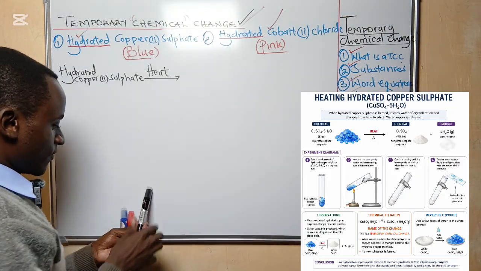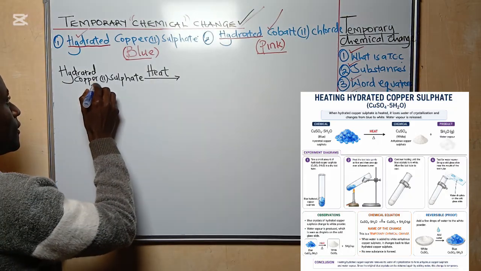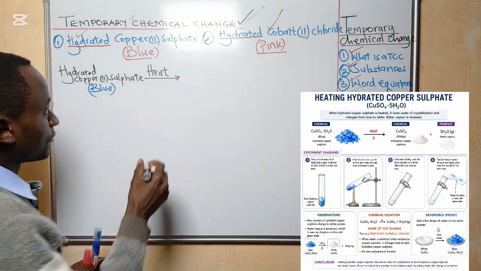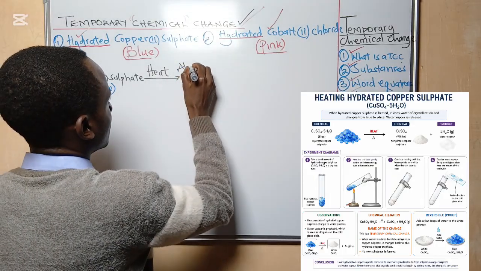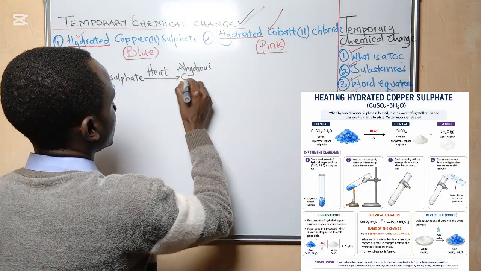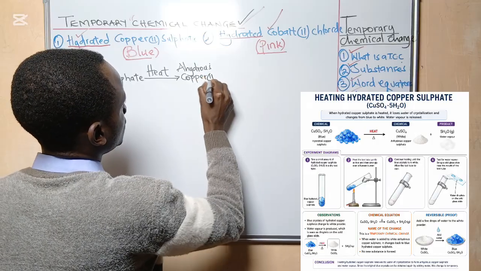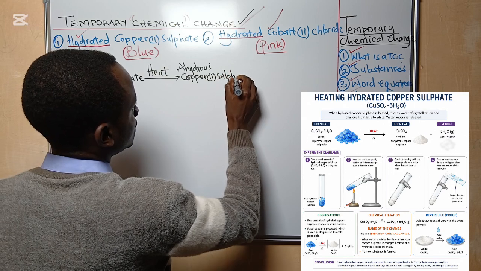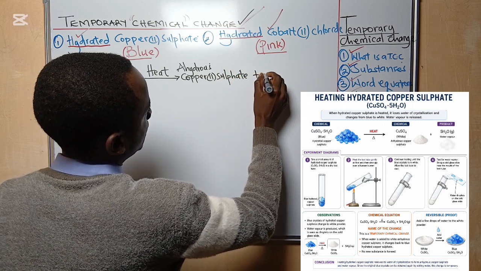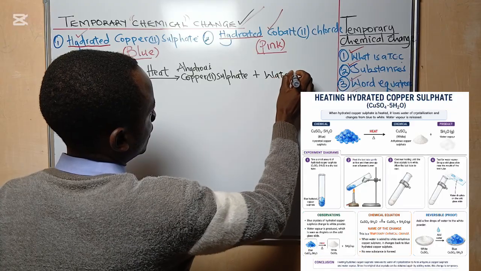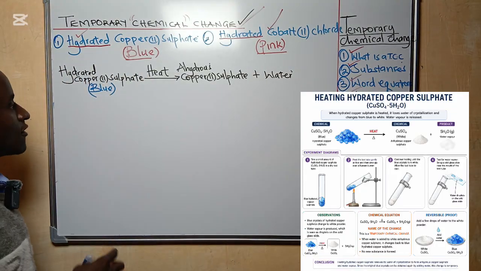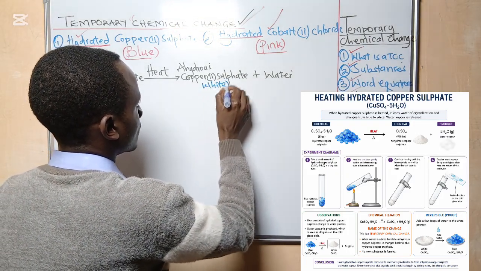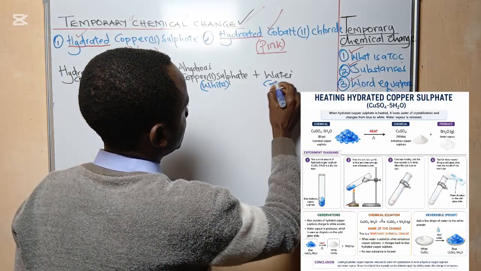Hydrated copper 2 sulfate, which is blue in color, when we heat it, it forms anhydrous copper 2 sulfate plus water. So this is white in color. Then this is colorless.